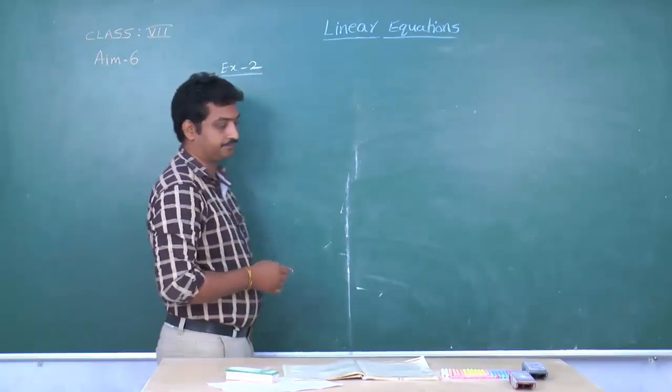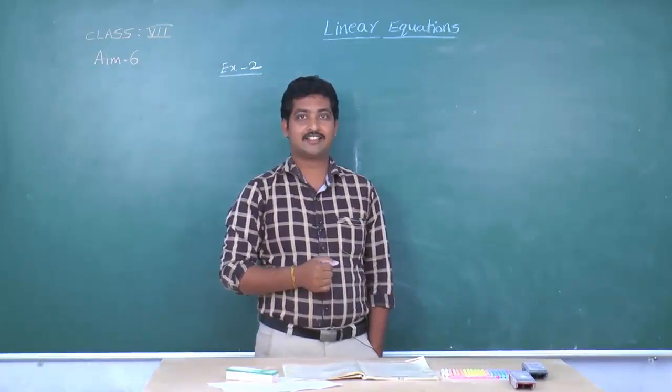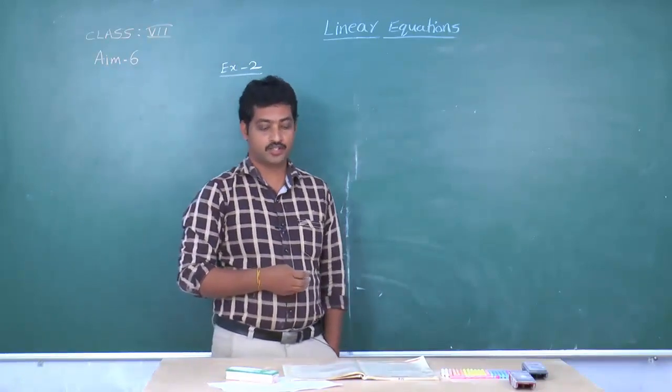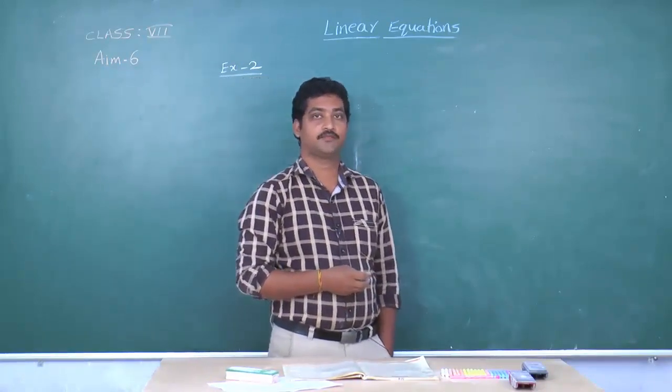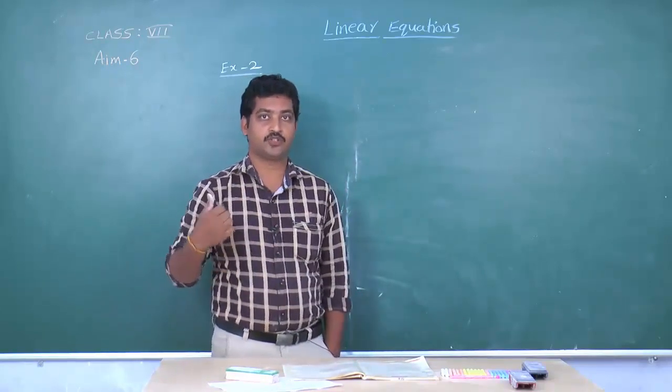Example 2. 2 tables and 3 chairs together cost 2000 rupees. Let me read the problem, and after that I will explain the solution.